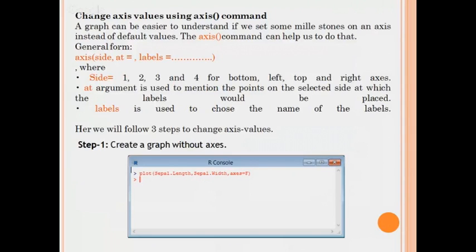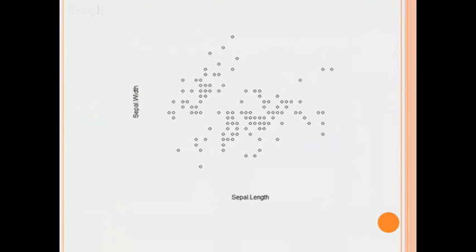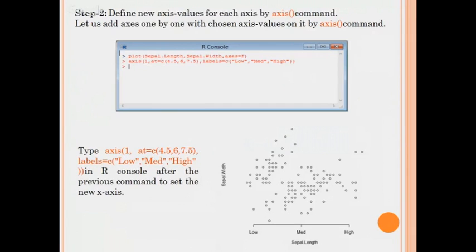This kind of assigning of labels along the axis can be done using the axis command. Just see in this graphical display what it is showing. On the x-axis it is showing low, medium, high. So how is it done?